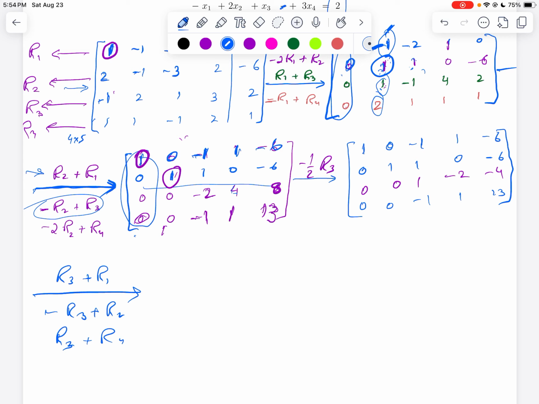So which row is going to stay the same? The one we are using, the one which has our pivot. Remember, if you circle the pivot, then you remember. So this is the row that is going to stay the same.